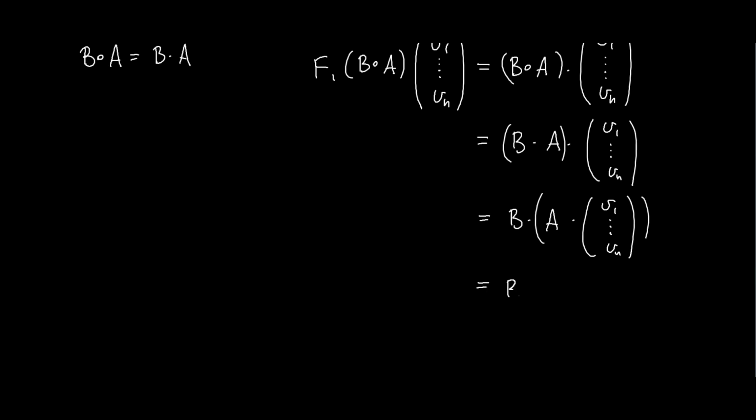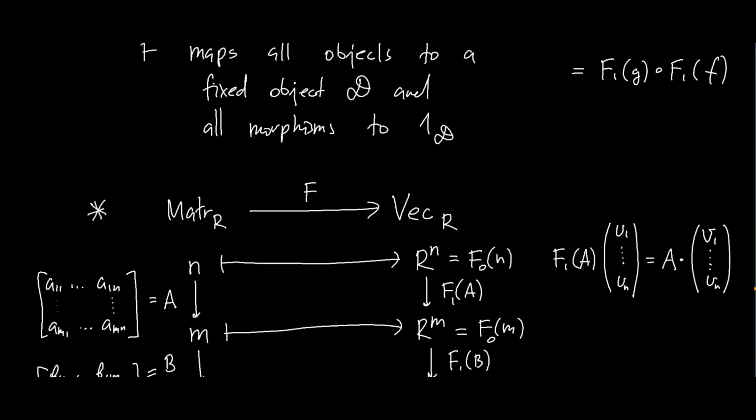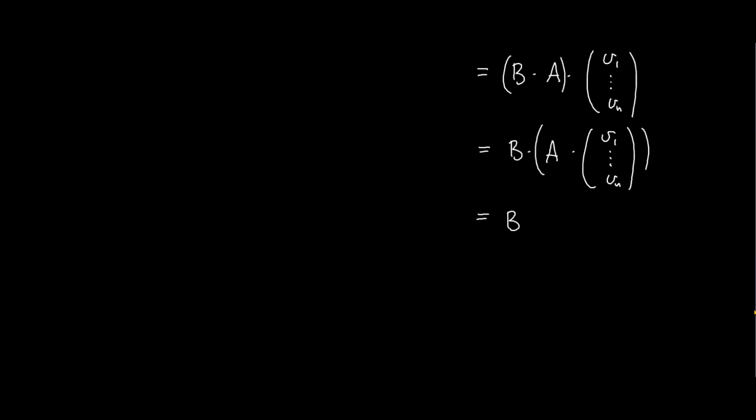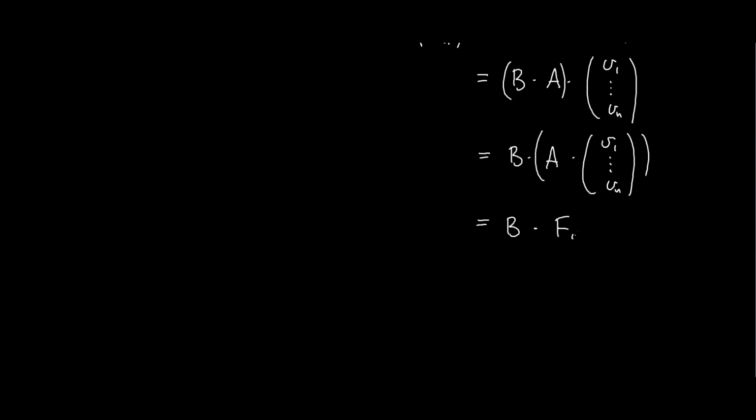And then, of course, A times that thing is nothing other than f1 of A of that vector, right? So we'll have B times f1 of A of that vector.